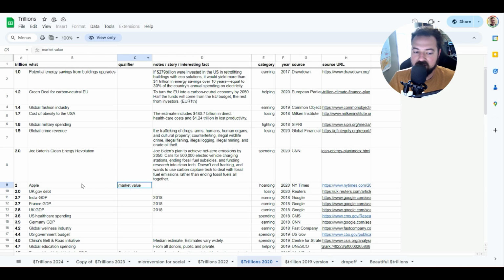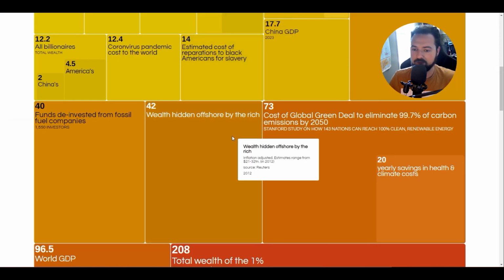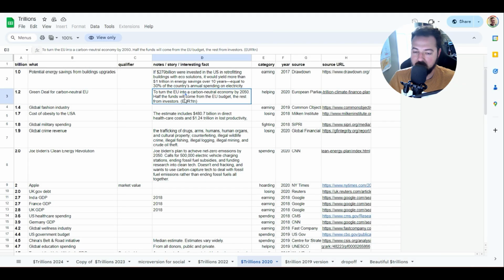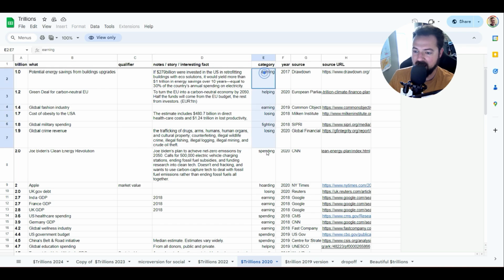what qualifies it. So this is like specifically Apple what, right? It could be Apple spending, Apple advertising, Apple market value, right? So that's what that's specifically for. Then you have this other column for notes, story, interesting fact. So that's a column just for filling that in. And they have a whole category column.